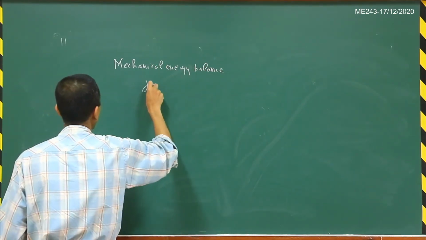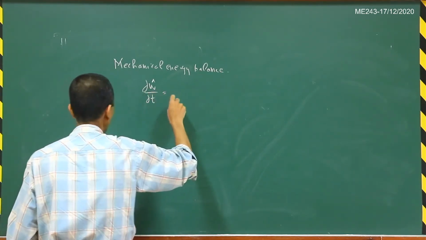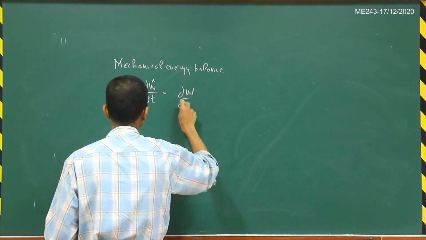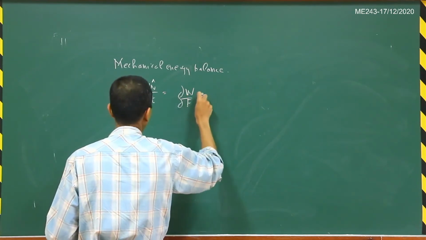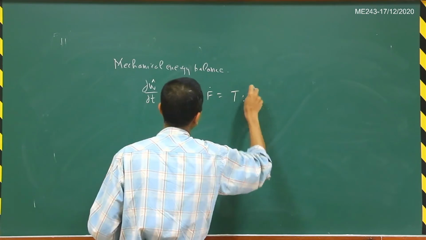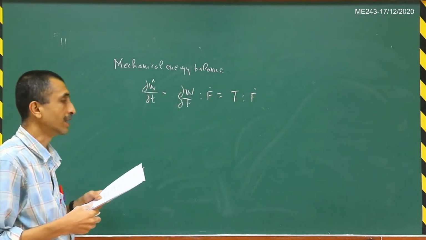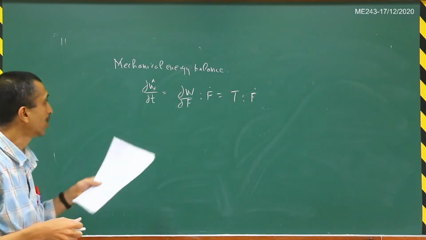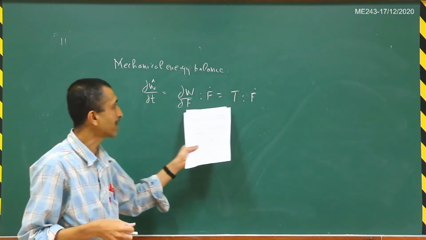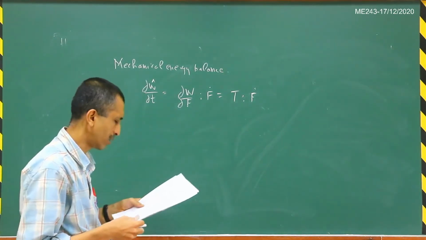So ∂Ŵ/∂t is equal to ∂W/∂F times Ḟ. Right? And so this is nothing but T times Ḟ. So if you recall, there was an expression like T times Ḟ in the mechanical energy balance. So you can replace that T times Ḟ by ∂Ŵ/∂t because of this chain rule.